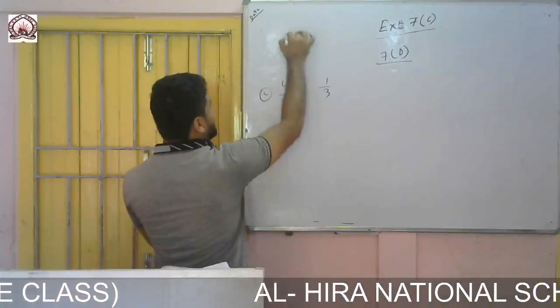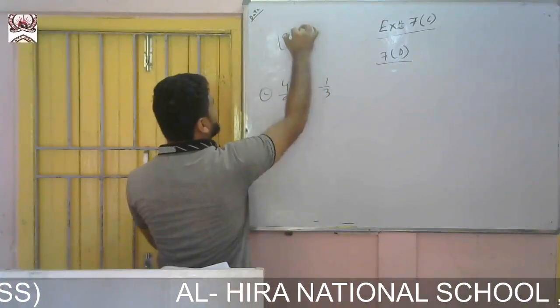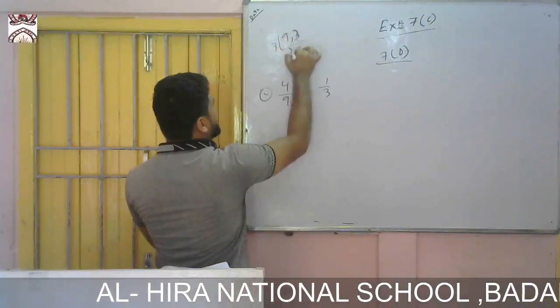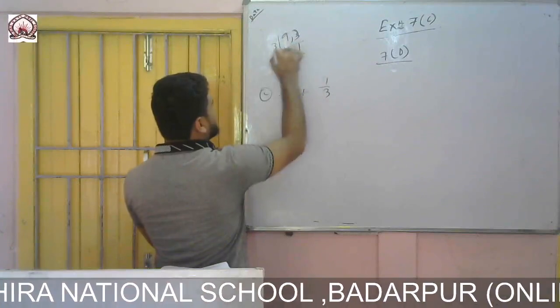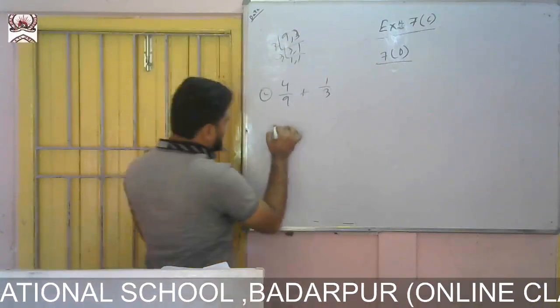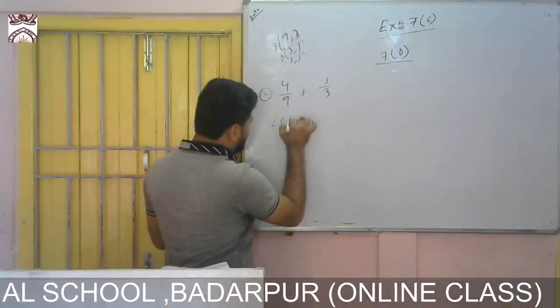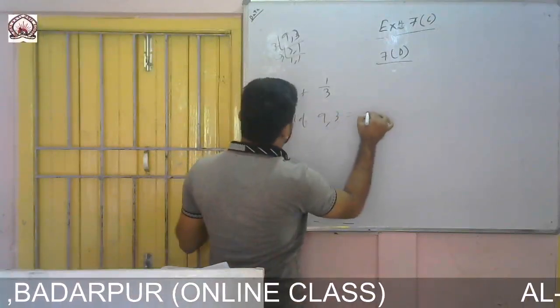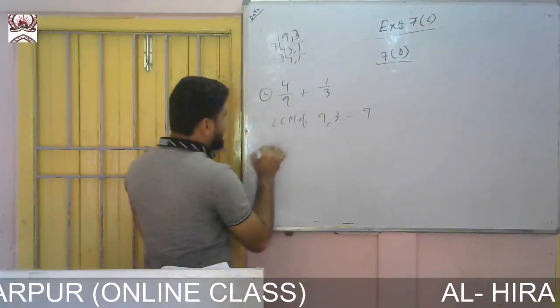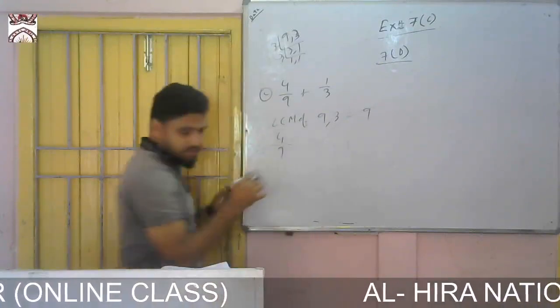So the LCM of 9 and 3 will be what? 3 threes are 9, 3 ones are 3, again 3 ones 1. So 3 threes are 9. The LCM of 9 comma 3 equals 9.